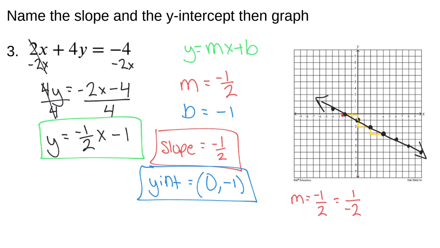And so you can remember, if your line is going down and to the right, you had a negative slope. So before you say you're done with a problem, look real quick. If it's a negative slope, your line should be going down to the right. If it's a positive slope, your line would be going this direction, up and to the right.